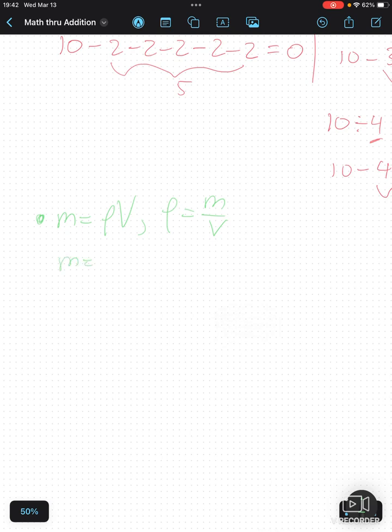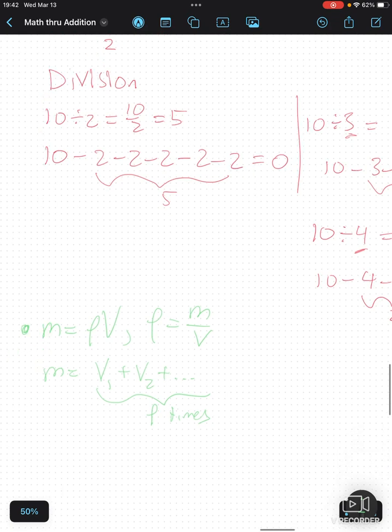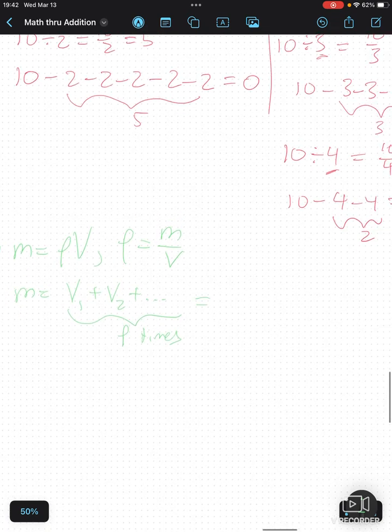The mass is really equal to volume 1 plus volume 2 plus something, and this is done rho times. Just looking at the physical units, it's commutative, so it can also be rho 1 plus rho 2 plus repeating, and this is done volume times.